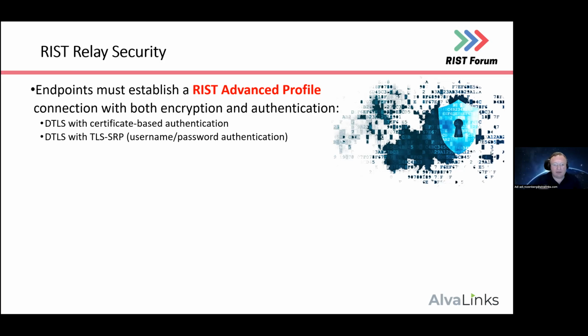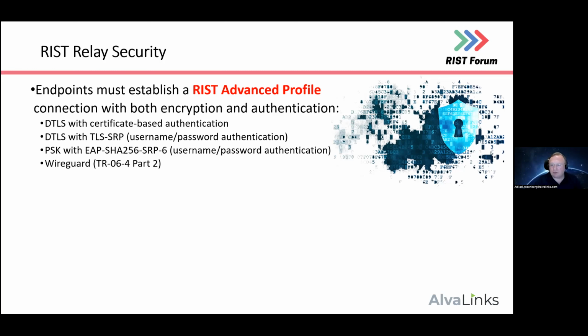You can use DTLS with TLS-SRP by way of using username and password for authentication. You can use PSK with EPIP SHA-256 SRP. Once again, username and password authentication. And you have WireGuard, which was added in TR-06-4 Part 2, which also has a certificate file.